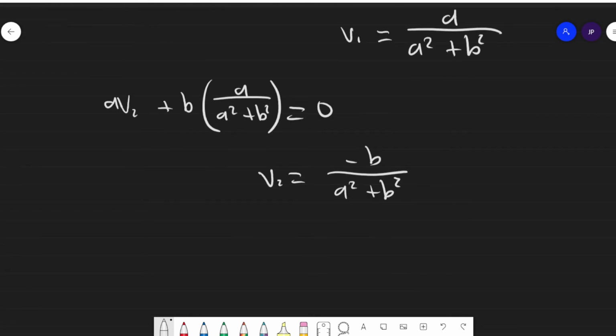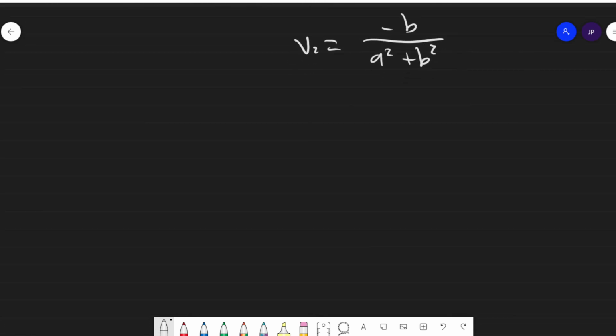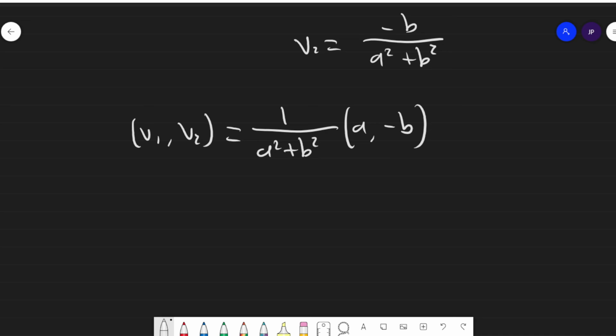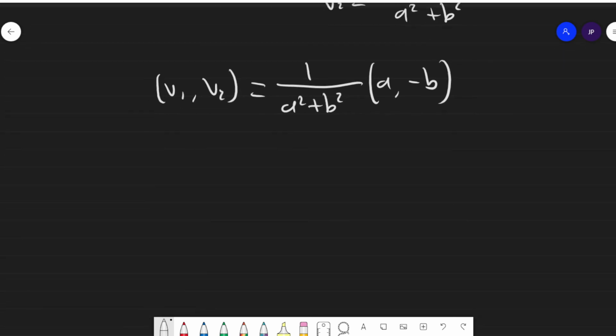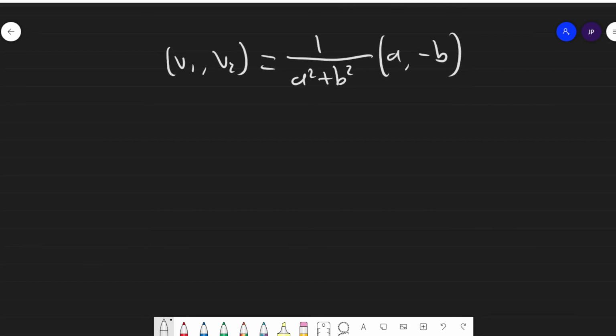So thus my multiplicative inverse, which in this case was V1 and V2, is this, for any elements A, B in the field F.